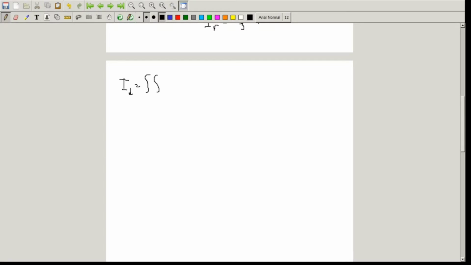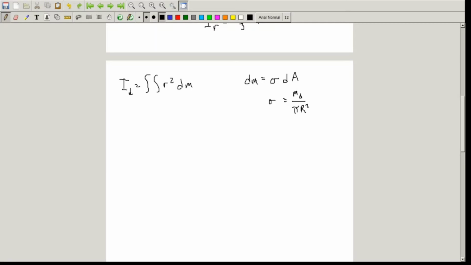So I of the disk is equal to the double integral of r squared dm, and dm in this case is going to be defined as sigma dA, where sigma is our area mass density. So this is a uniform disk, so we know sigma is going to be equal to the mass of the disk divided by the area of the disk, or pi r squared, where big R is the radius of the disk.